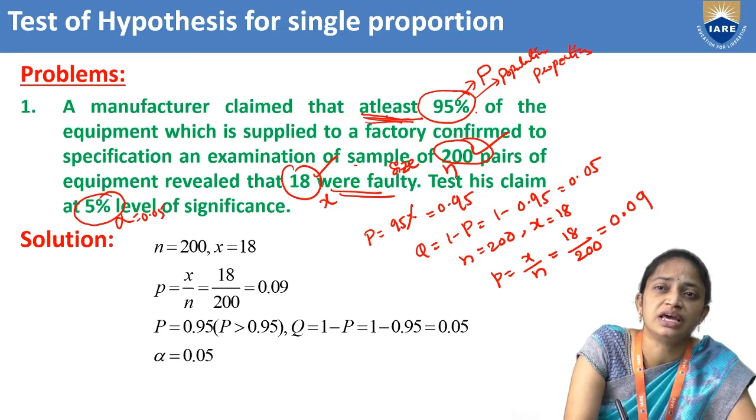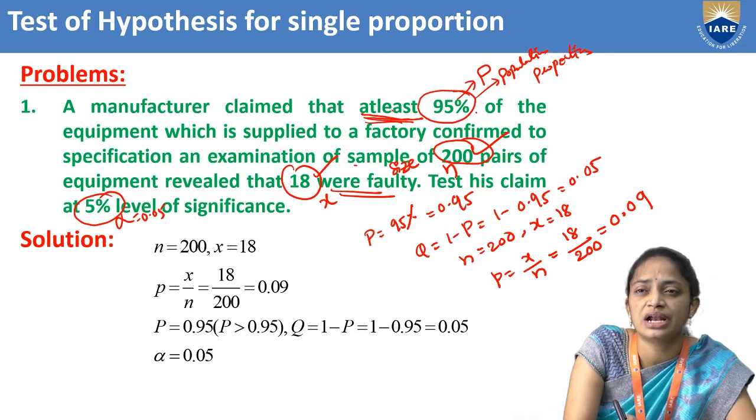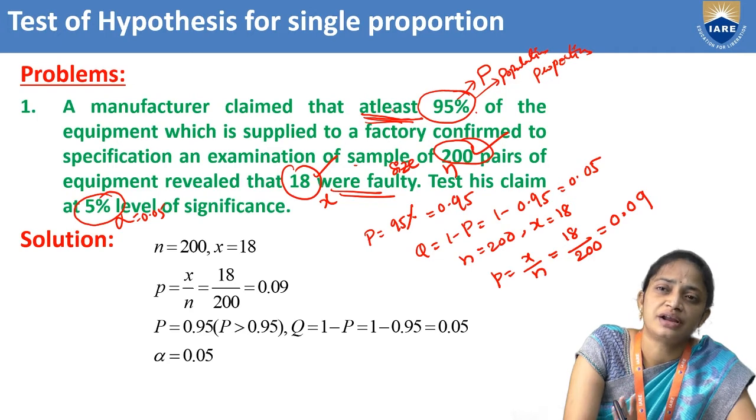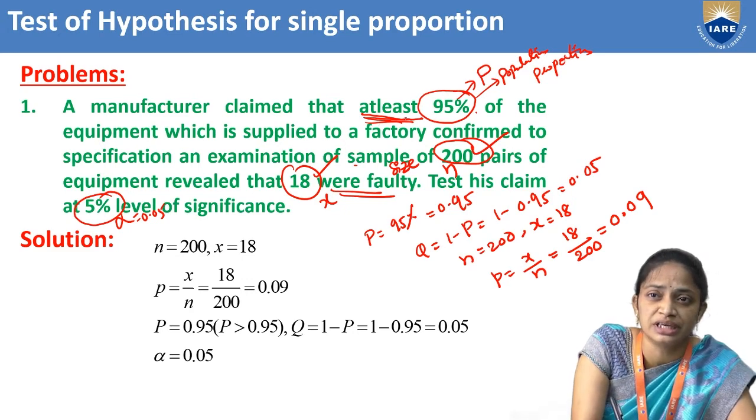If that is there, then in the alternative hypothesis we have to take whether it is a two-tail test, a left-tail test or a right-tail test. That possibility is there in single proportion or single mean. Sometimes it will come, sometimes it will not be there. But in this question, that possibility is there.